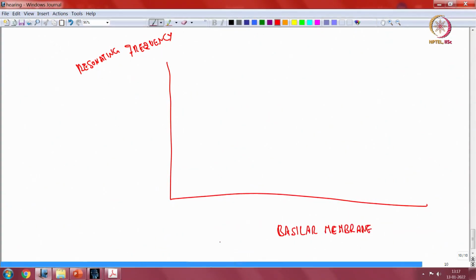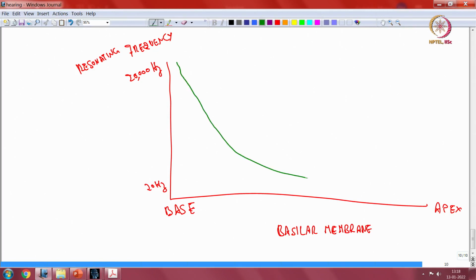So, resonating frequency, and then you have the basilar membrane, apex, base. We start at 20 hertz to 20,000 hertz. If you plot that, you would notice that I think the curvature is a log. So, that is a log curve.